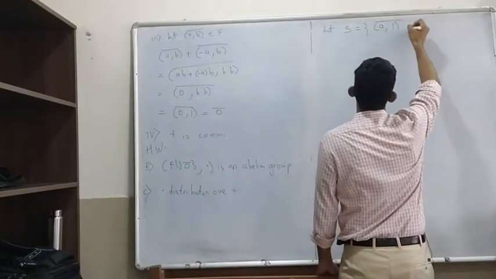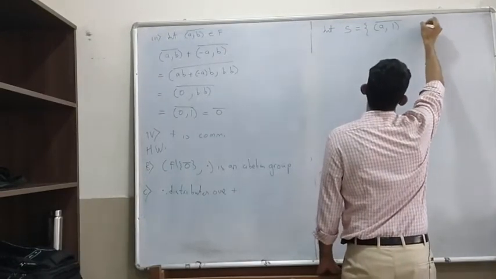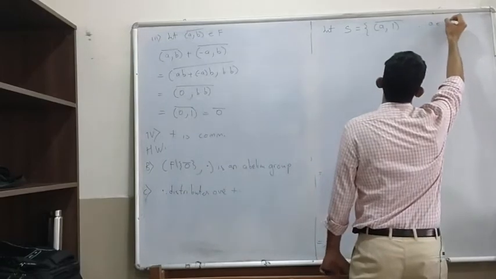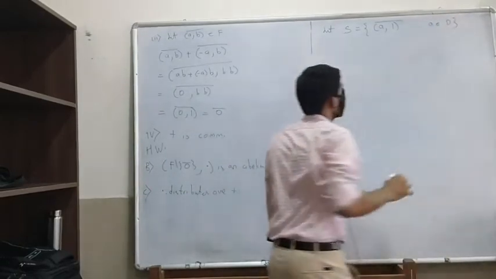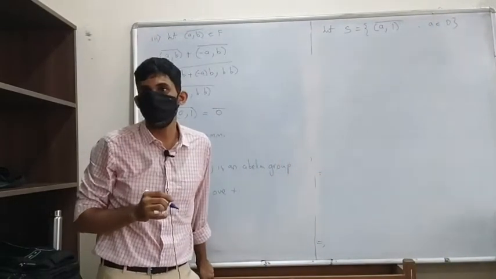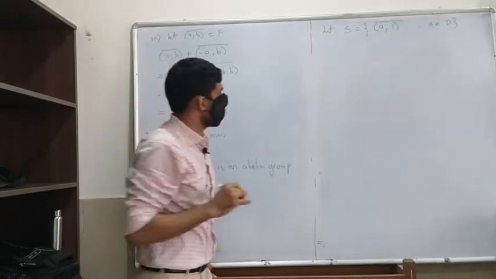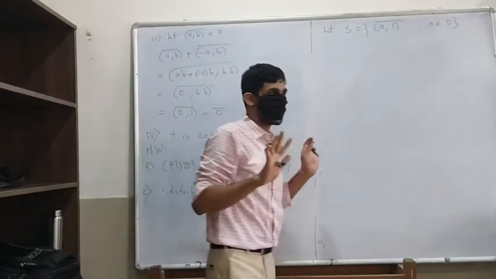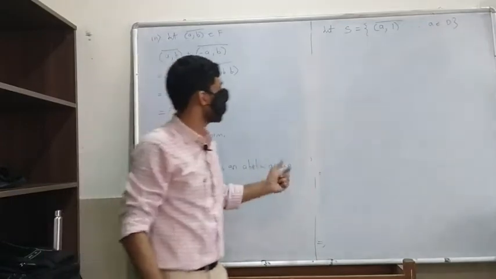So we will take all of these equivalence classes such that A is in D. I will directly show that this is the thing that will prove it.